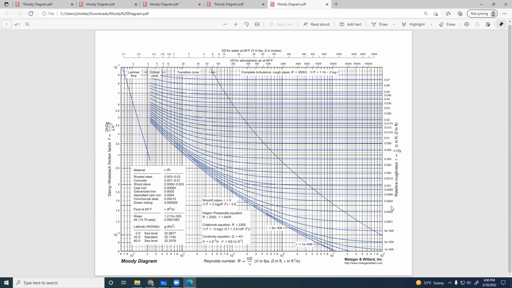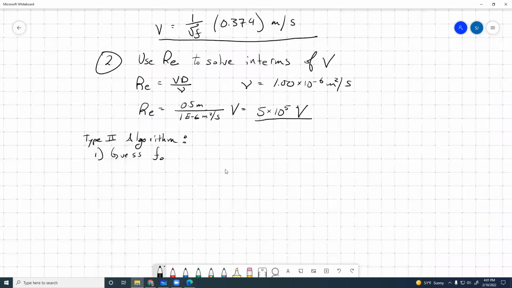A relative roughness value, and then what other assumption? Fully turbulent. Great. So we have the pipe properties, so we can calculate that value. And then we assume fully turbulent. That means that our friction factor is just a direct function of the relative roughness value. It's in this flat zone. So, assuming fully turbulent.